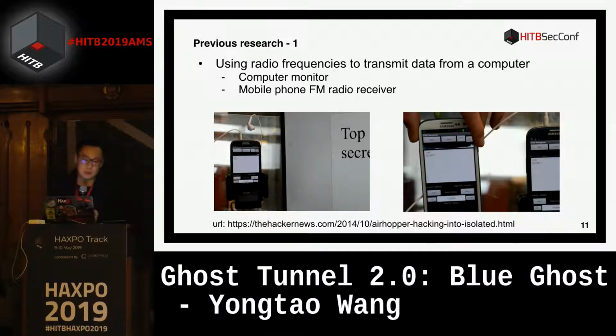It is able to capture keystrokes by intercepting certain radio emissions from the monitor or display unit of the isolated computer. The researchers can then pick up the FM signals on a nearby smartphone and translate the FM signals into the typed text.